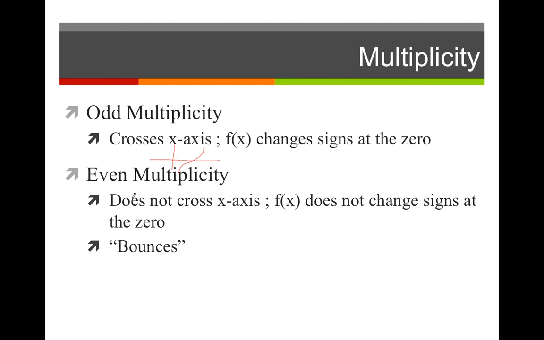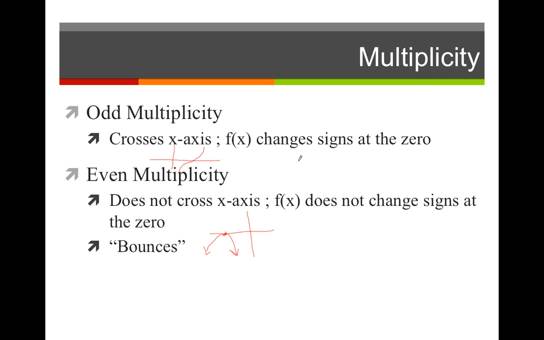And if it has an even multiplicity, so like it's squared or cubed or 4th power, 6th power, that sort of stuff, then it does not cross the x-axis, it does not change signs, but it actually bounces like that last problem I had there. It would come up here and it would bounce and go back this direction, or bounce going upwards.